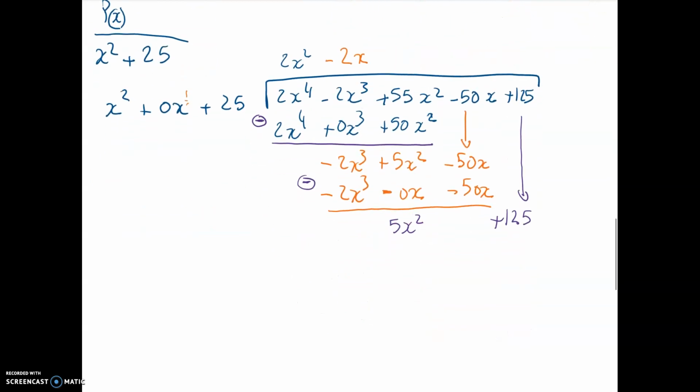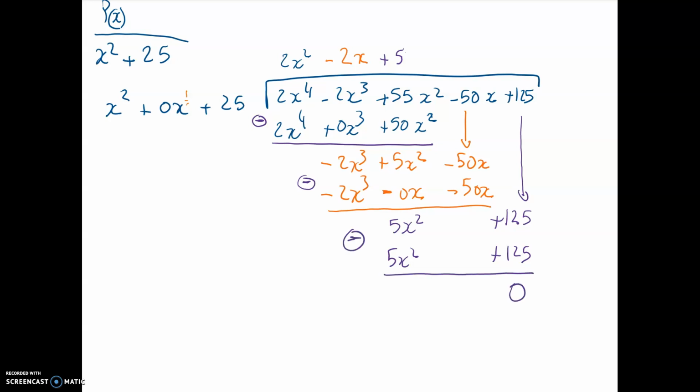And I'm going to do it again. 5x squared divided by x squared gives me plus 5. 5 times x squared gives me 5x squared. 5 times 25 gives me plus 125. I need to subtract, and I find 0 at the end.